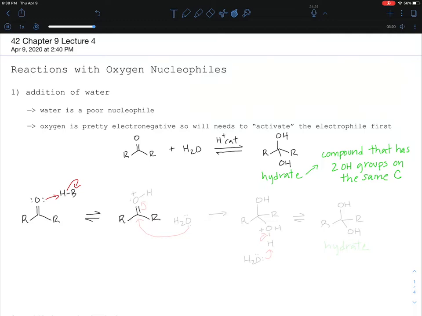Because if we attack the carbon, we can dump the electrons up into the oxygen and quench the positive charge. So along comes our nucleophile, in this case water. Not the best nucleophile, but it's still nucleophilic all the same. We attack the carbonyl, dump the electrons up into that oxygen, and we get this tetrahedral intermediate.